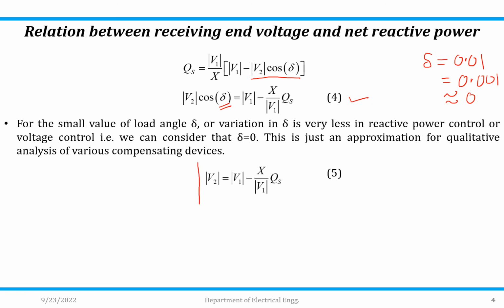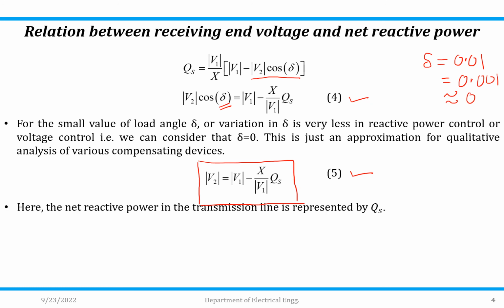So we will have V2 equal to V1 minus X upon V1 into QS. This is treated as equation number 5. This is a very important equation which will be used for the analysis of various compensating devices. Here, the net reactive power in the transmission line is represented by QS.